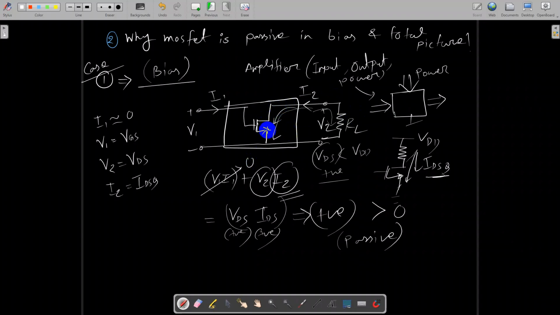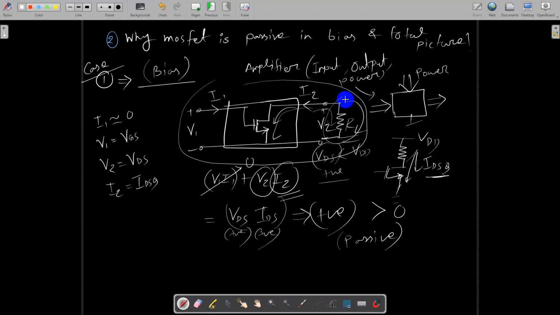The quiescent point will be changed, the operating point will be changed, the environment of the MOSFET will be changed. We don't want our bias current to go through the load. That's why I don't connect the load here. I have mimicked the ideal environment for biasing.